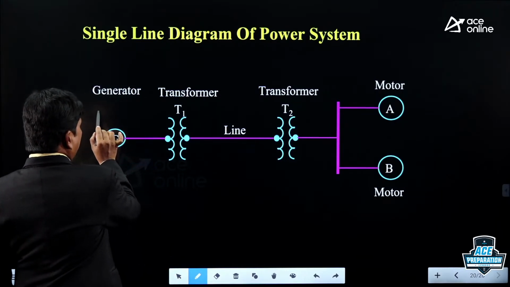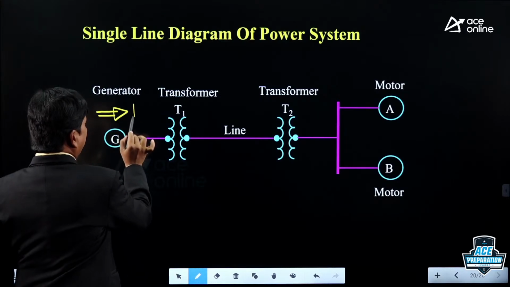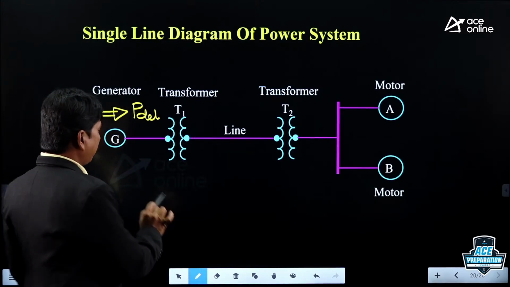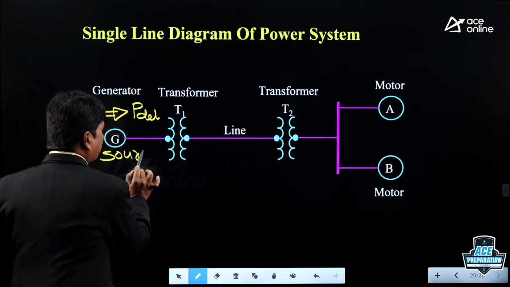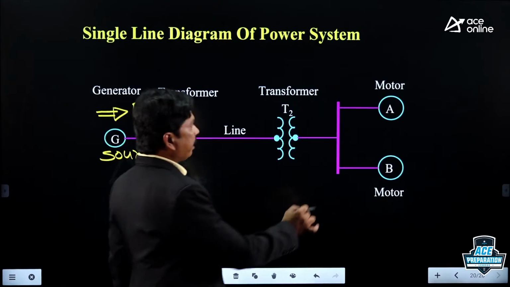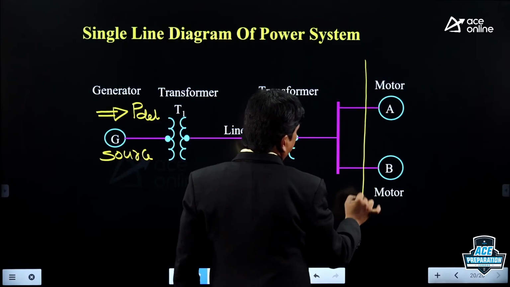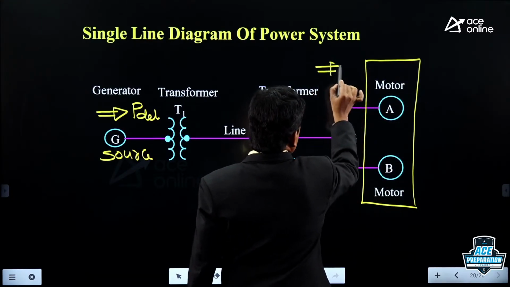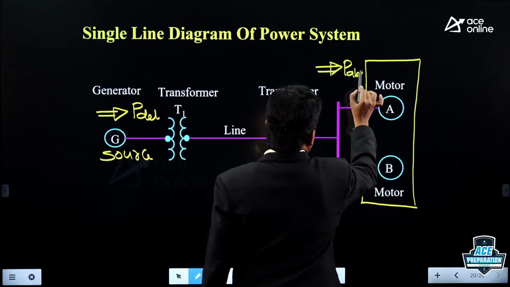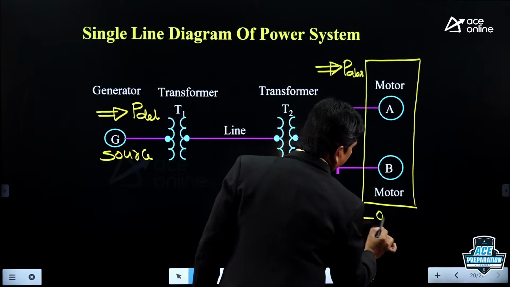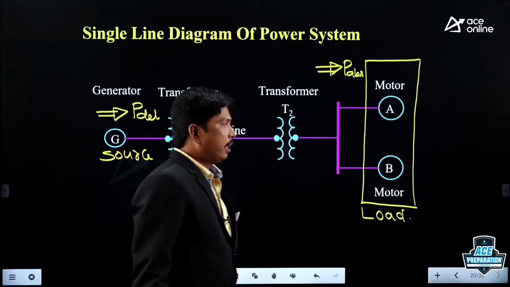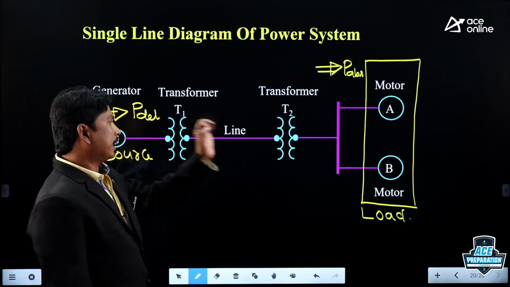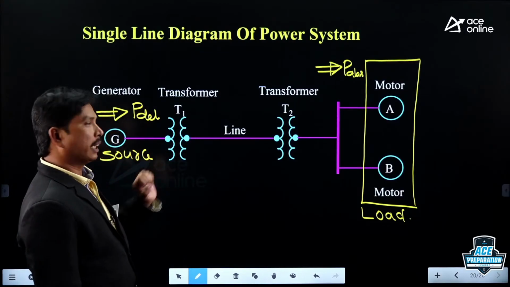An element which delivers some positive value of active power is called a generator or a source. And an element which takes or absorbs some positive value of active power is called a load. That is the basic difference between source and load.